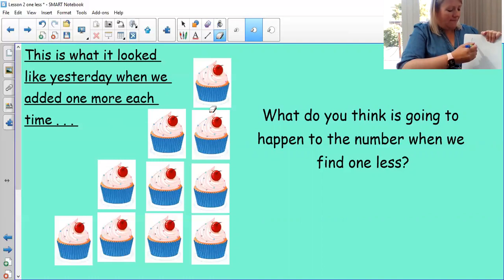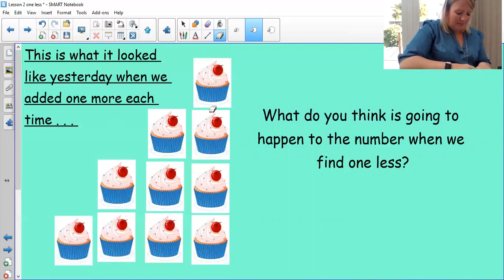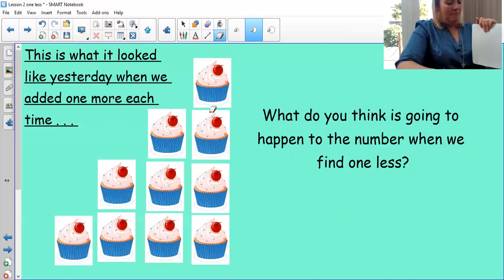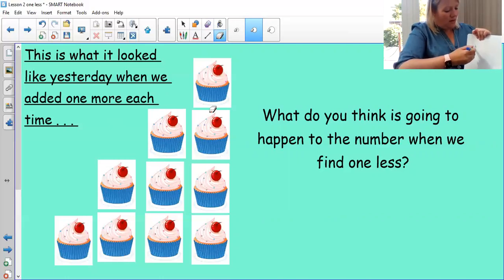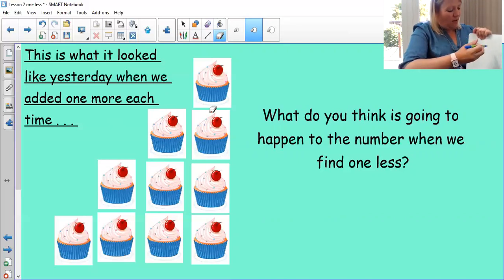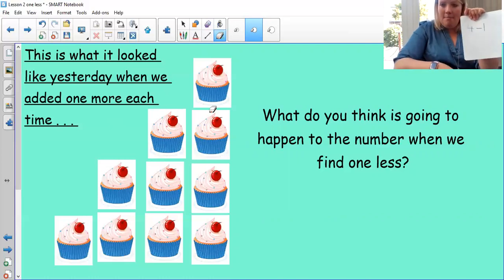So let's have a look. I've got 4 cupcakes. Okay, I've got 4 of them, and I want to find one less. So I use my takeaway sign, and I'm taking away 1.